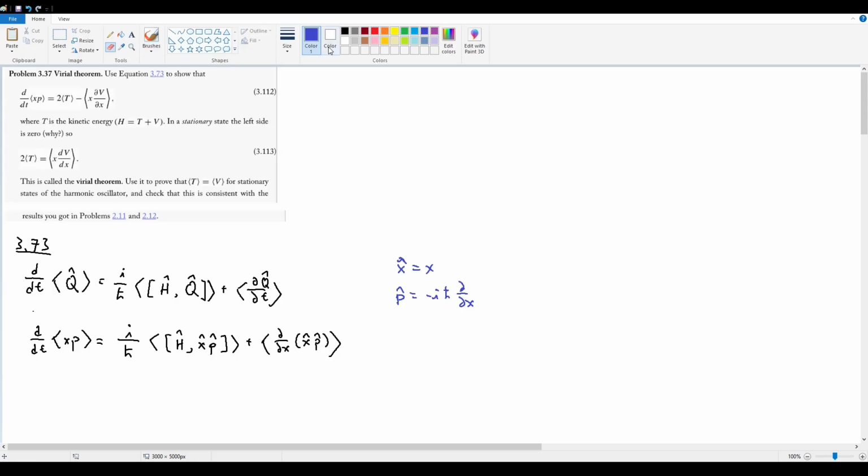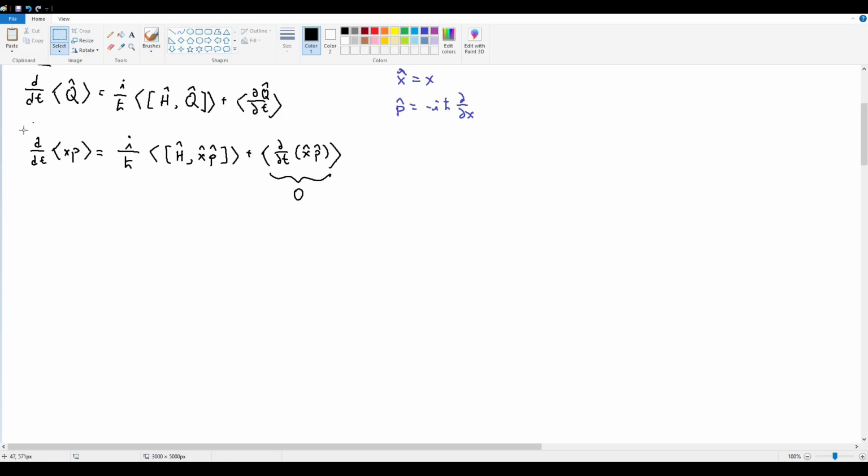So if you take a derivative of them with respect to time, which they don't have any dependencies on, this automatically goes to 0, so we can ignore it. What we actually care about is therefore this expression.